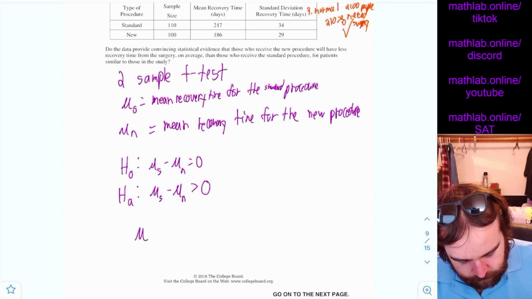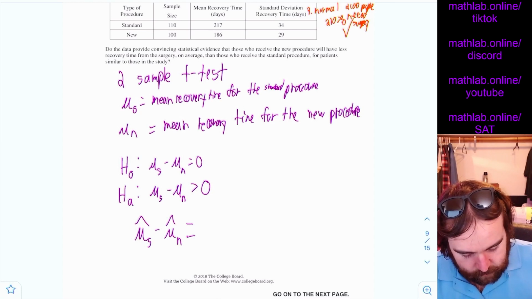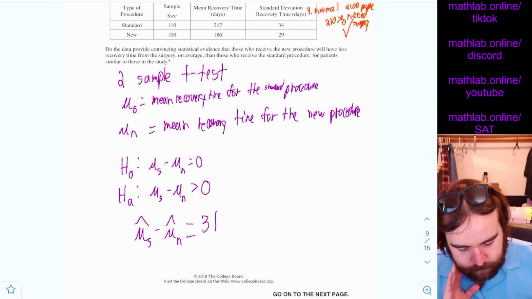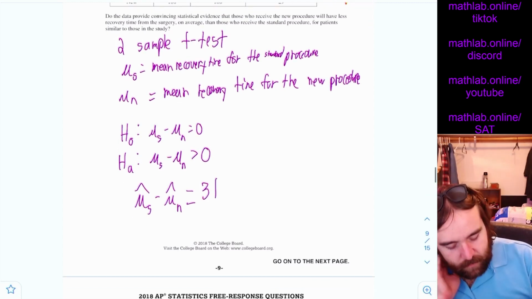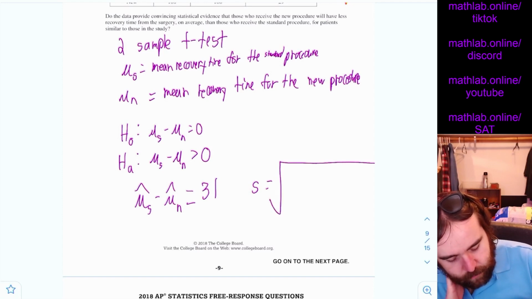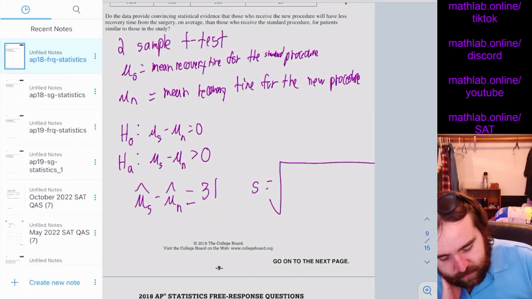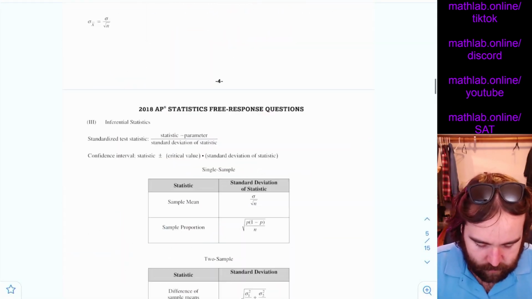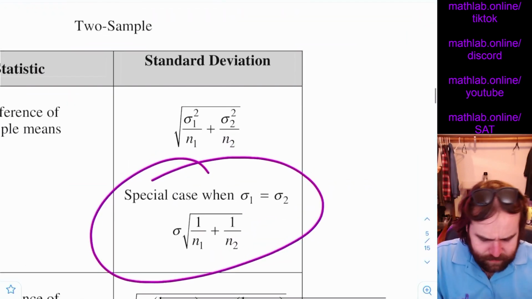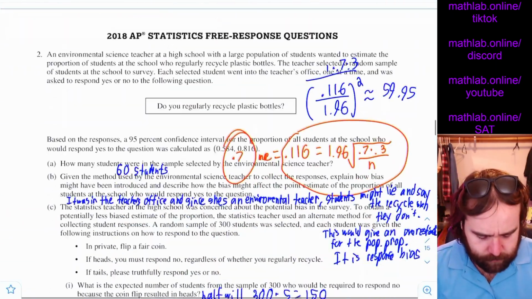Like, the mean that minus that is 217 minus 186, so 31. And then the standard error is the square root of, we were just there, up here. This one, standard deviation squared over n. Right.